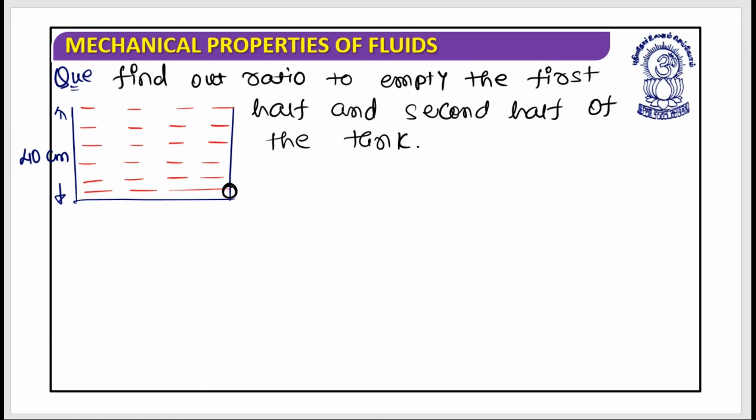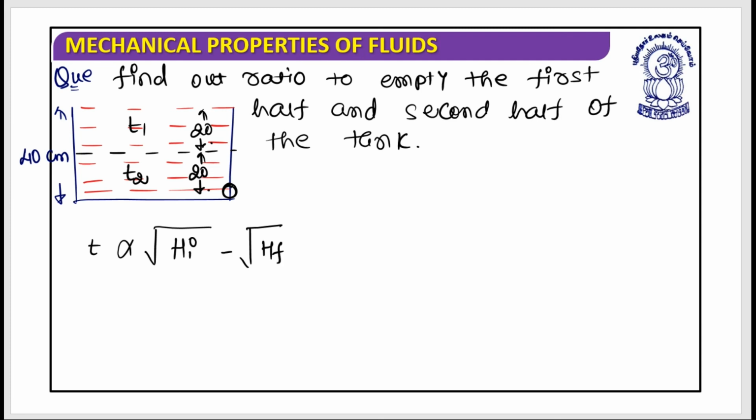So this complete height is 40 centimeter. Let's assume this is 20 centimeter. So this is the first half and this is the remaining 20 centimeter. This is the second half. Let's call this time t1 and this time t2. From this I understand that t is directly proportional to root of h initial minus root of h final.